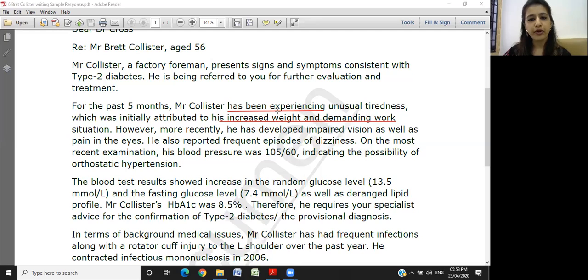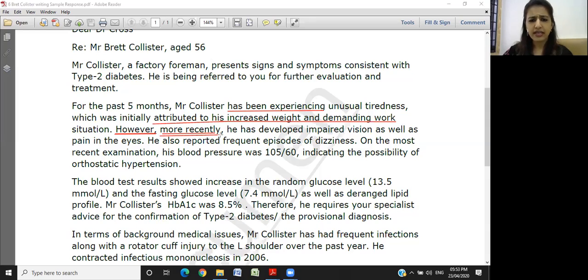Because at that point of time we suggested he do exercises. I haven't included those things in detail, but initially why we did not act upon it is because we thought it could be because of his weight and stressful lifestyle. Then using an appropriate linker to tell them that now we are talking about his recent condition. So here I have not used a specific date.